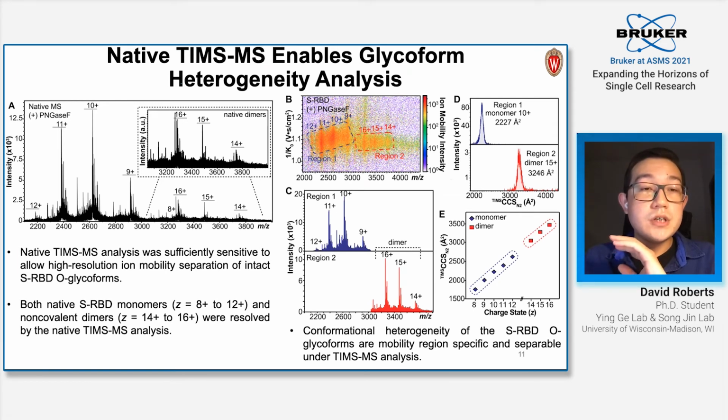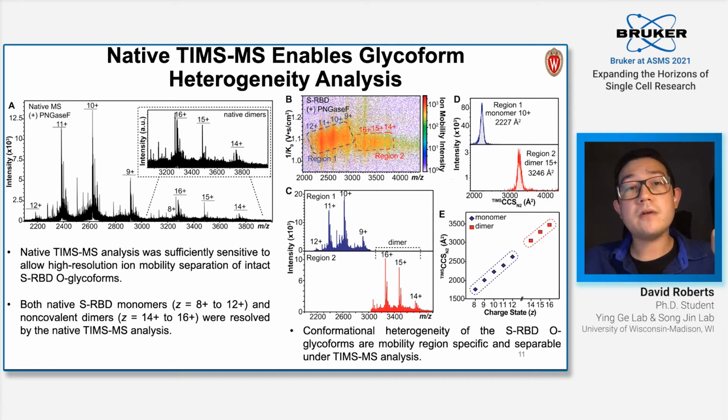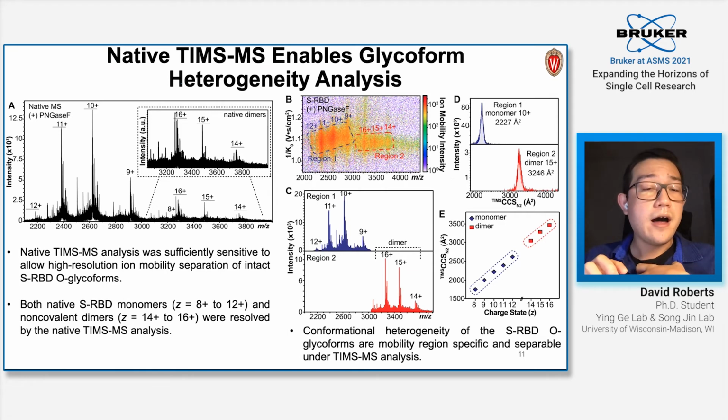And so what you're seeing here are regional separations in ion mobility space on that heat map, which actually correspond to a native monomer and dimeric S-RBD species that we were able to resolve. And so using ion mobility, we were able to characterize the collision cross-sections of the various charge states associated with these species and try to understand a little bit more about some of this conformational landscape in the gas phase.